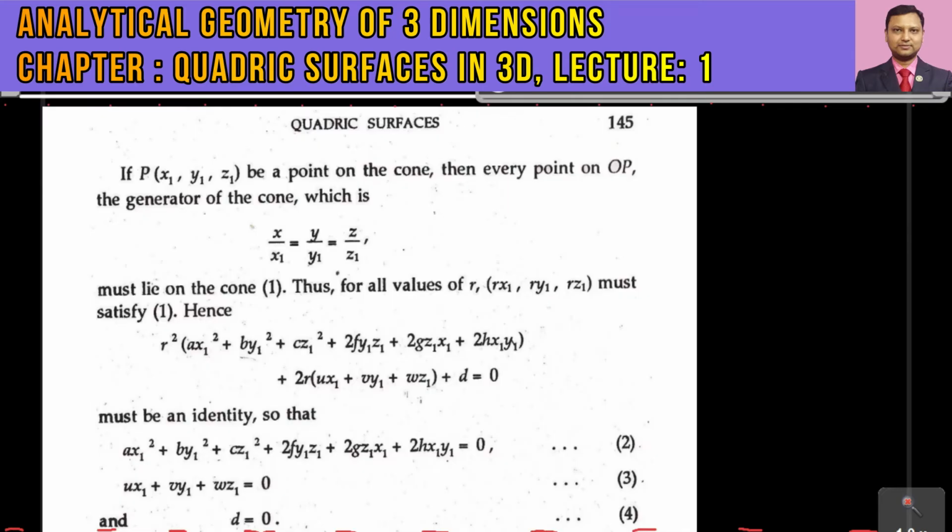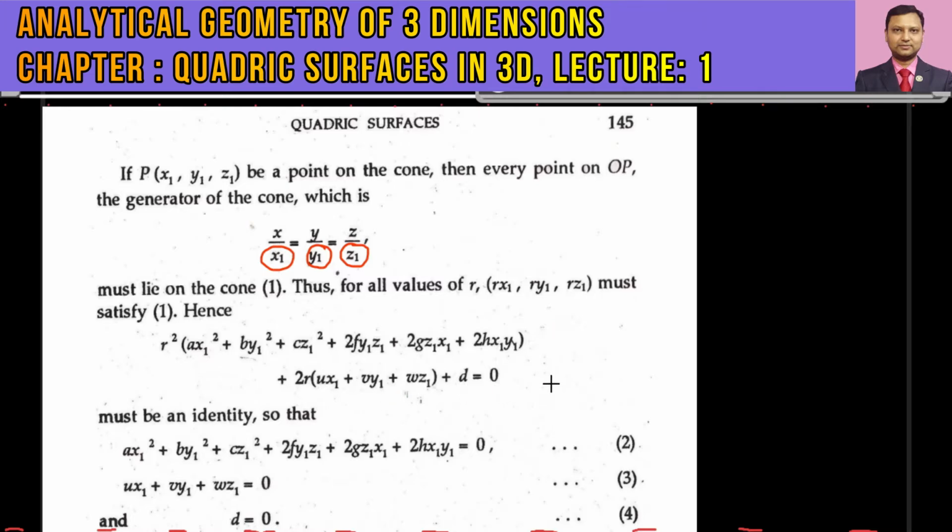So this leads to this type of result. In place of l, m, and n, in this book they have taken x1, y1, and z1, whatever it is. So we shall have this type of relation. This is the r square related term, this is the r related term, and this is the d related term.